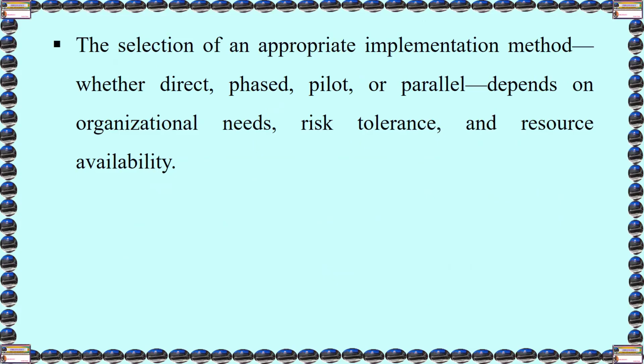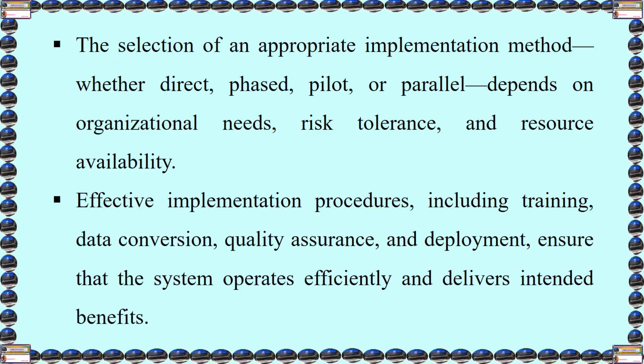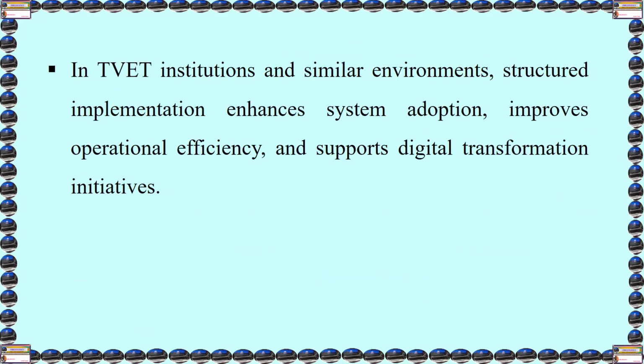The selection of an appropriate implementation method, whether direct, phased, pilot, or parallel, depends on organizational needs, risk tolerance, and resource availability. Effective implementation procedures, including training, data conversion, quality assurance, and deployment, ensure that the system operates efficiently and delivers intended benefits.